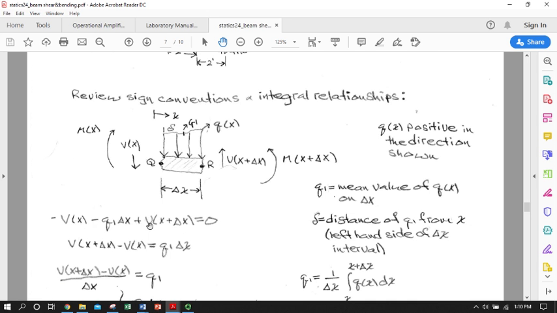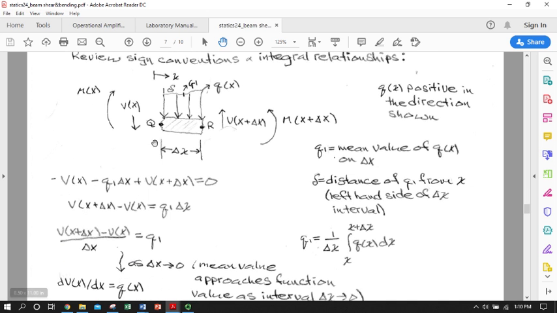And we can do some algebra again. We can move this term over to that side and then divide everything by delta x. And this time, having defined q as being a downward applied distributed load, which we'll be encountering most of the time, we end up with an expression that's the definition of the derivative equaling the average value of our distributed load.